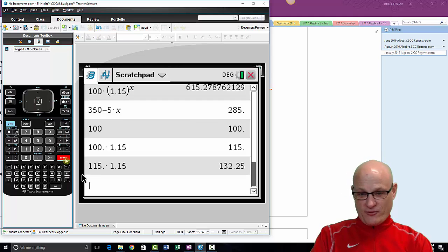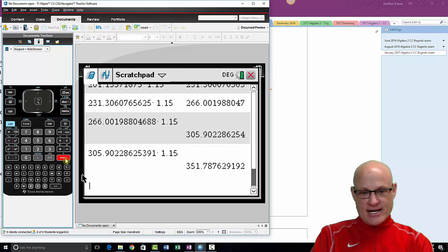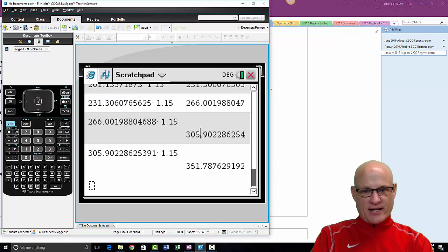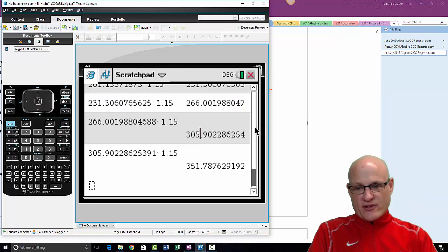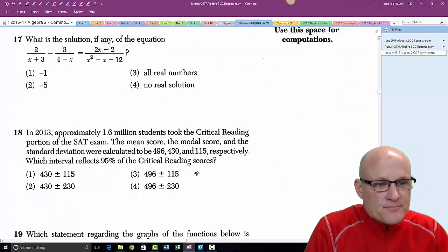After 1 month, I have 115. 2, 3, 4, and so on. Just keep going. Obviously, you can't go past 350 because Bobby started with 350, so it looks like that would be it. And then Bobby is losing 5x. You could have done it this way as well. The answer is 8. All right, let's move on.